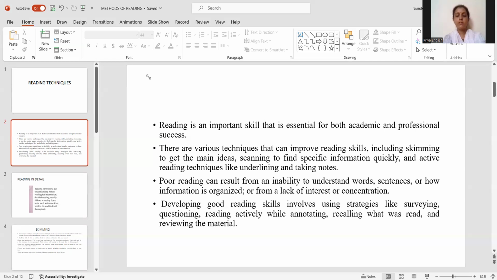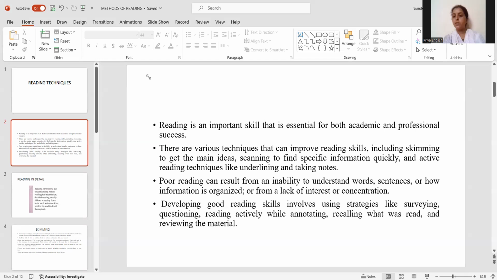Here we will discuss how reading skills can be improved and what techniques can be implemented to enhance them. There are different kinds of reading techniques, which include skimming, scanning, active reading techniques, and reading in detail.